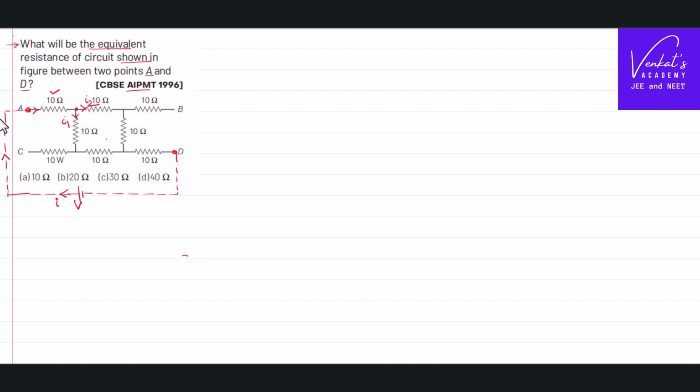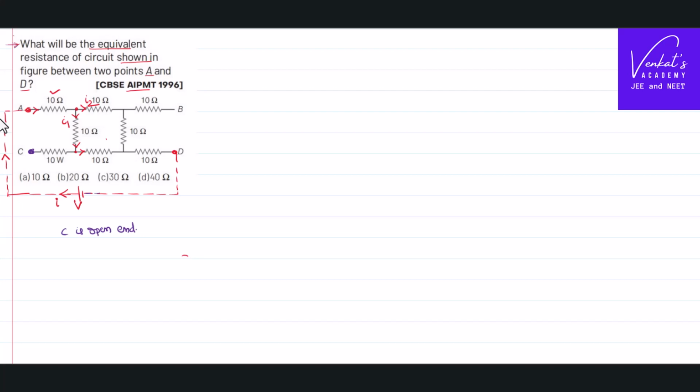That I1, after coming to this place, can go towards C or towards this 10 ohms. But if you look at the point C, it is an open end, not connected to any part of the circuit. It is an open end, which means current after going to that point has no way to return back to the negative plate of the battery.